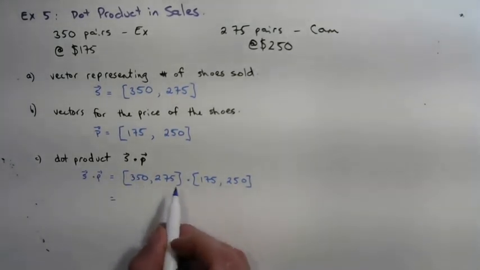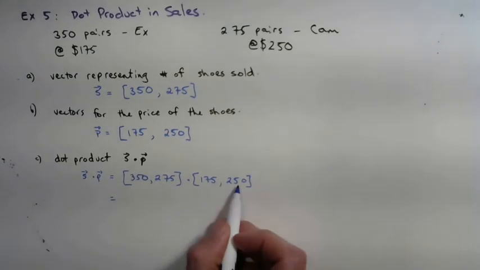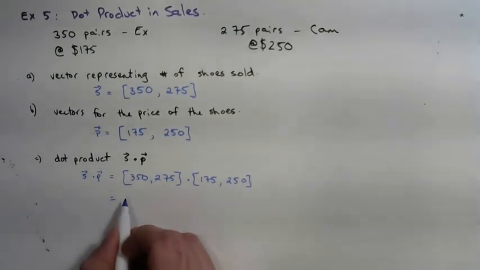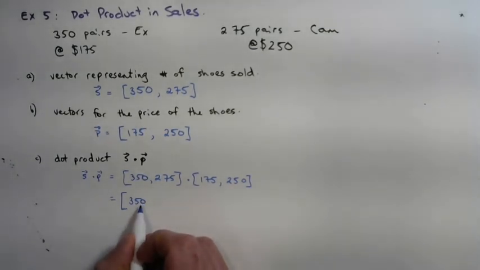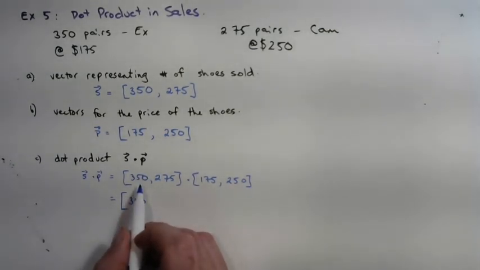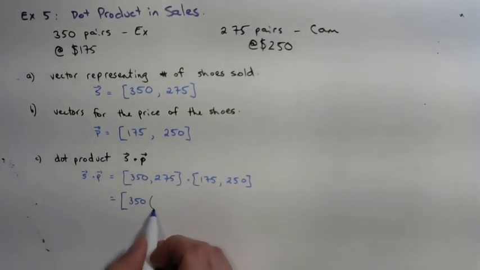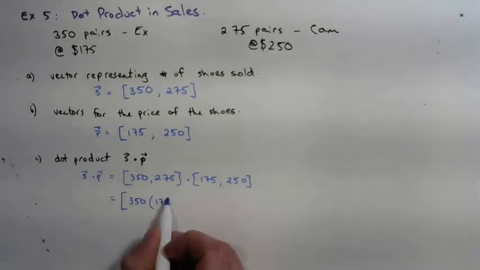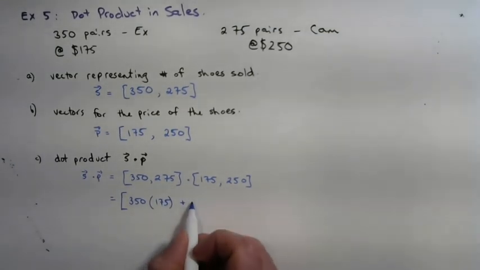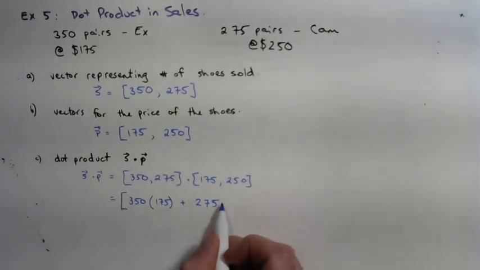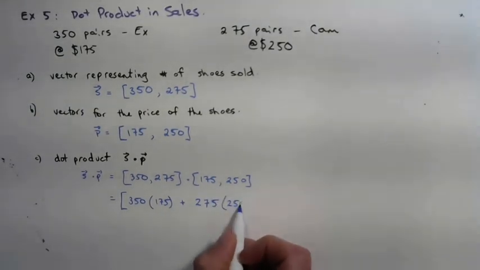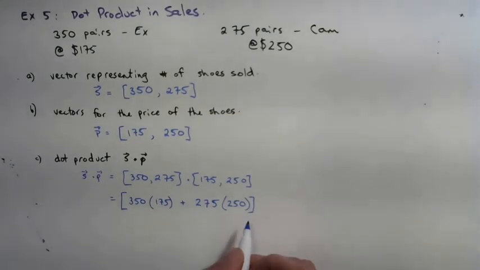So now we're going to take the first times the first and the second times the second and add them up. Hopefully you're making some mental connections here. We're going to take the number sold of Excaliburs and multiply it by the cost of each Excalibur. And then we're going to add the number of Camelots sold times the cost of each pair of Camelots.